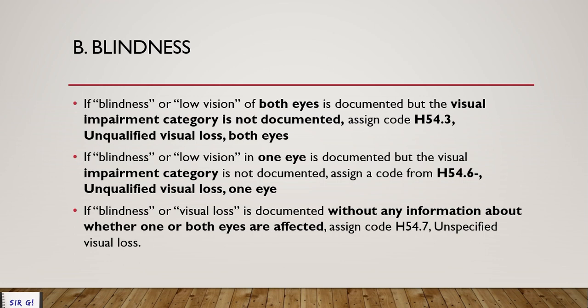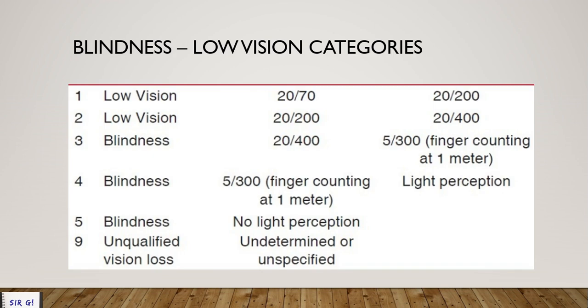Okay, I hope that's clear with you guys, because these are new guidelines about your blindness. So there are available categories that we may select when we go through those subcategories of your ICD-10 codes. Okay? I think that ends your chapter 7, your eyes and your adnexa.